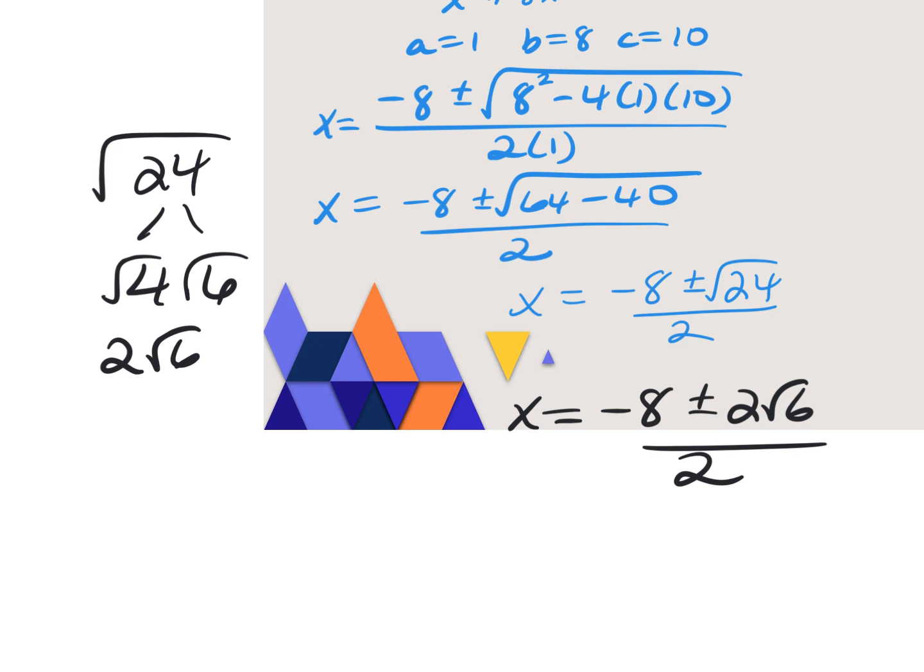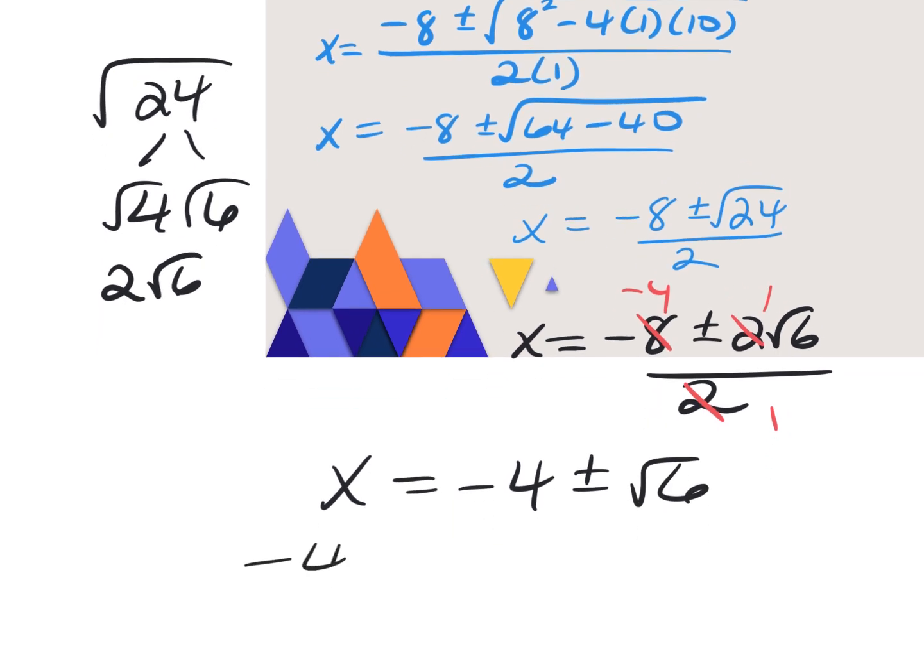Now I can simplify. This becomes a 1, this becomes a 1, this becomes a negative 4. So now my final answer is x equals negative 4 plus or minus the square root of 6. Again, WebAssign will expect you to pull it apart and do negative 4 plus square root 6 and negative 4 minus square root 6.